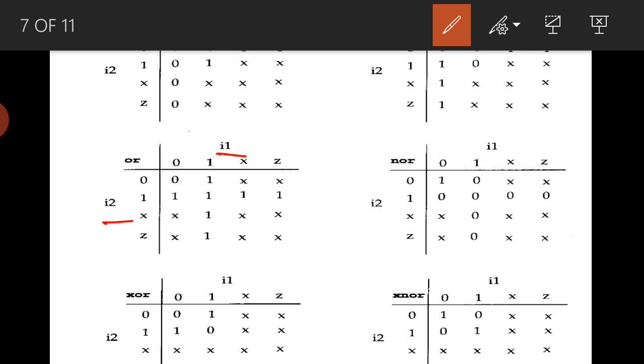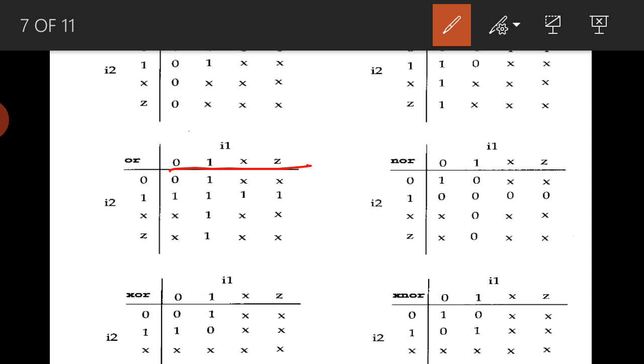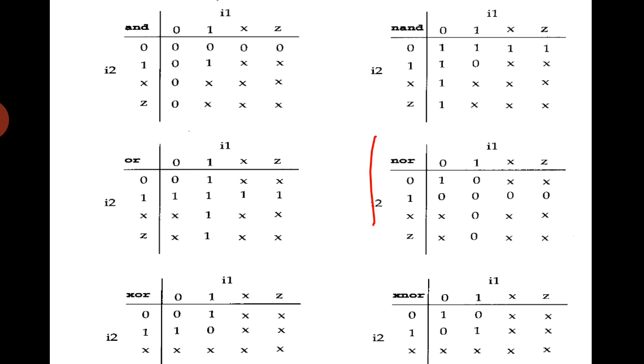Now I1 can be 4 values, 0, 1, x, z, and I2 can be 4 values, 0, 1, x, z. In that case, with 4 values here and 4 values here, what may be the possible output? The same thing we need to see here for the AND gate.